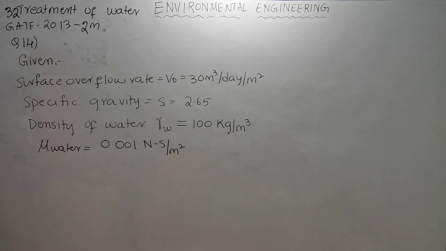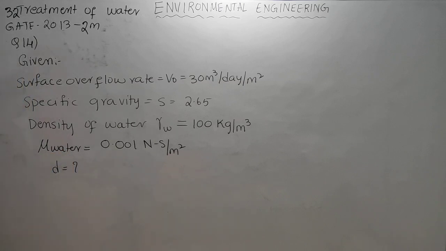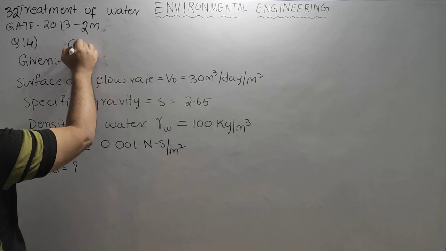So what is the diameter that can be removed? Minimum size of the particle means what? It indicates 100% efficiency. Here it says the approximate minimum size of the particle which can be completely removed.